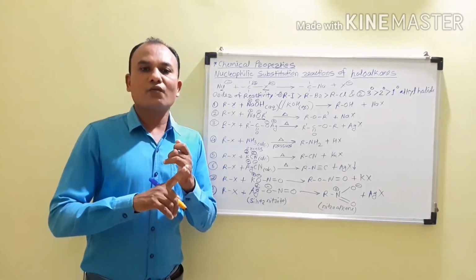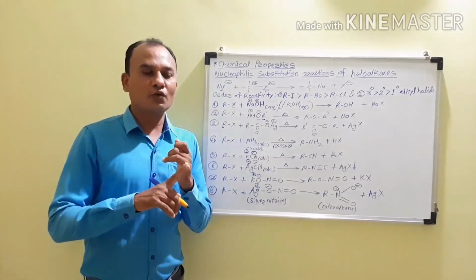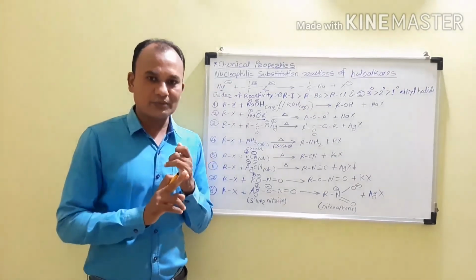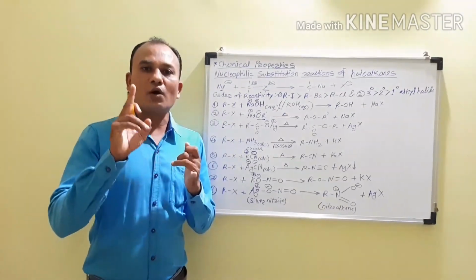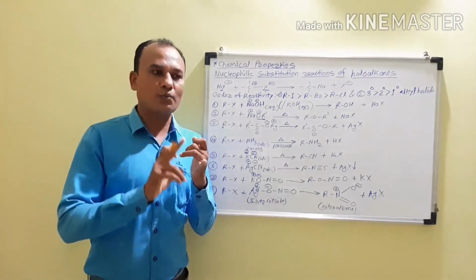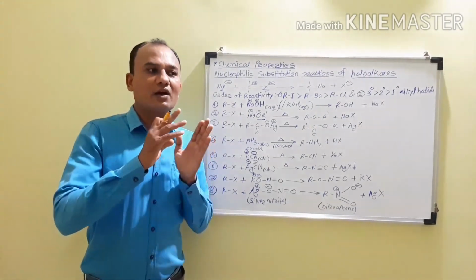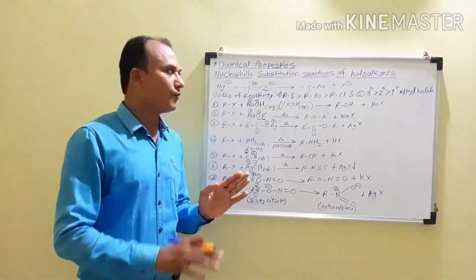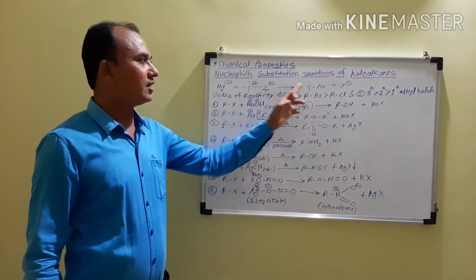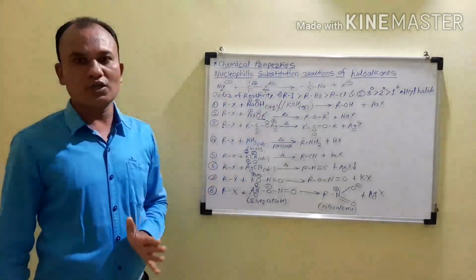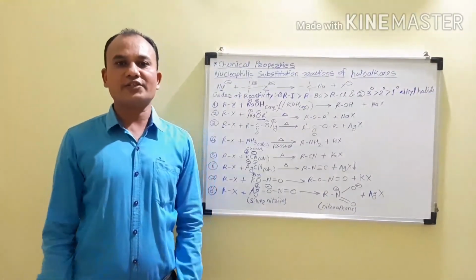It means for the attack of the nucleophile, there must be a positively charged center present in the substrate. The nucleophile always attacks the electropositive center of the substrate. Then there will be a removal of one group, and that group is called the leaving group. In that case, the leaving group is the halogen. So that is all about the nucleophilic substitution reactions. Thank you.